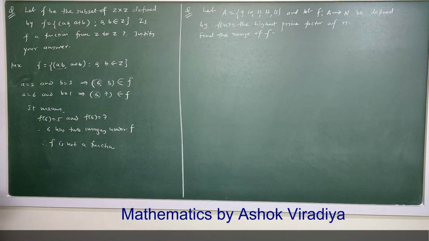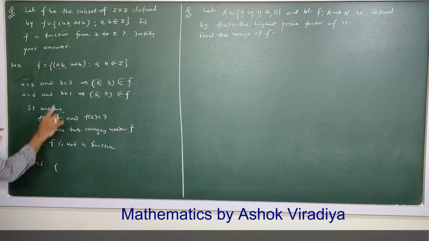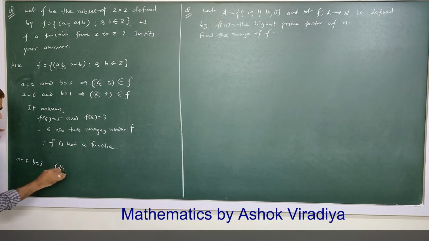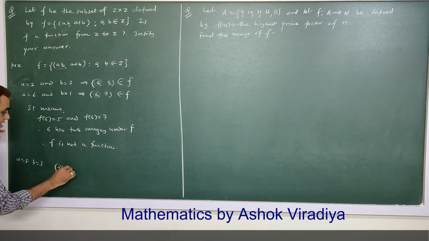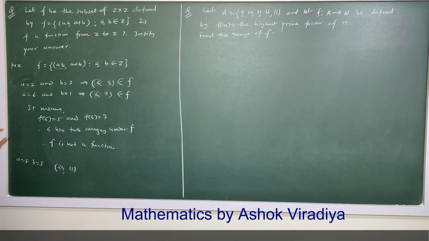See, suppose a is 8, b is 3, then 8 into 3 is 24, 8 plus 3 is 11. Now if you take a 12, b 2, so 12 into 2 is 24, 12 plus 2 is 14.